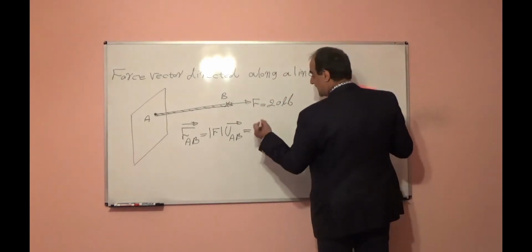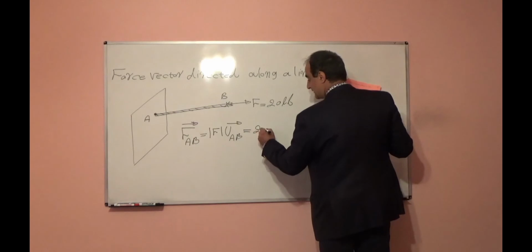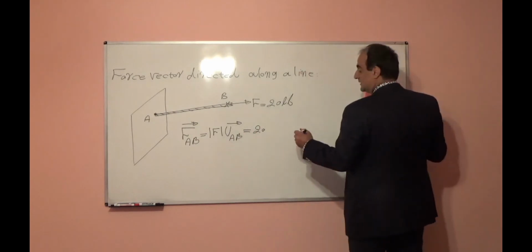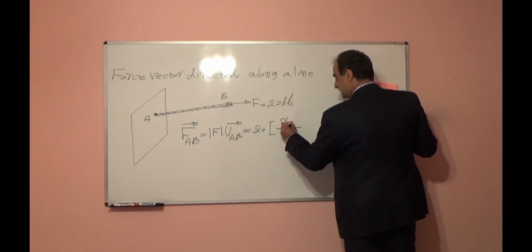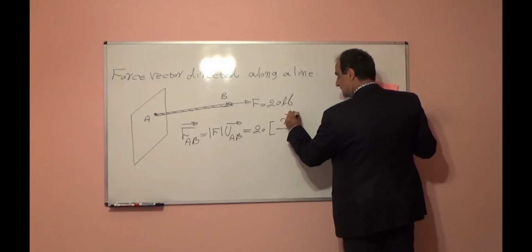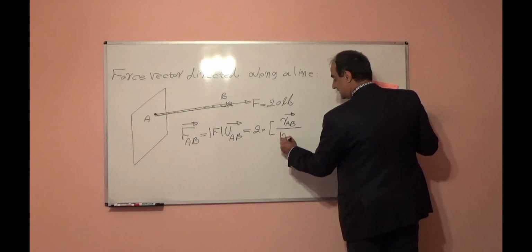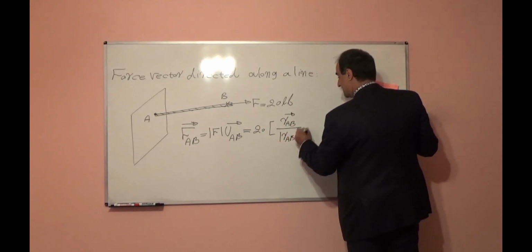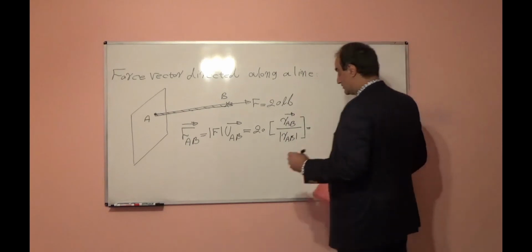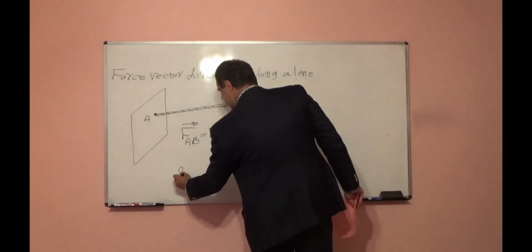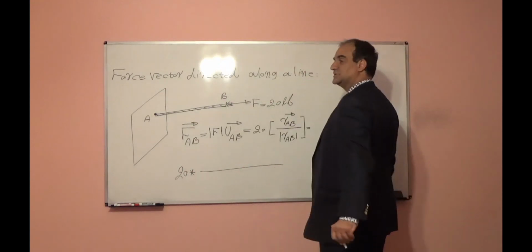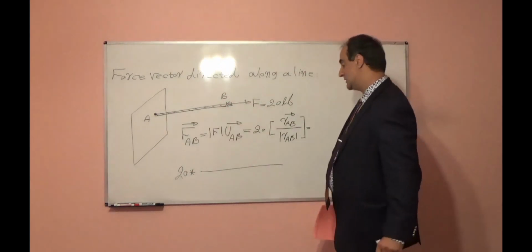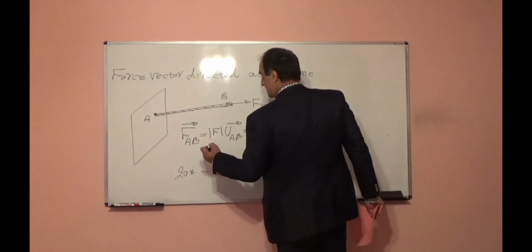In that case, I know the magnitude of the force, 20. I should define position vector AB divided by the magnitude of this position vector. So it will be equal to 20 times position vector rAB in Cartesian vector form.